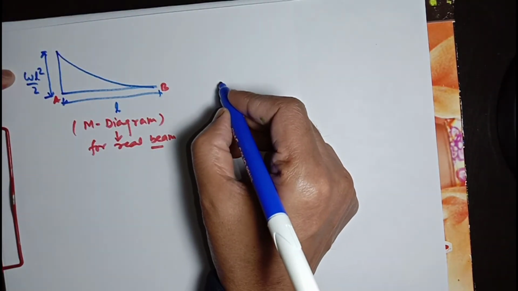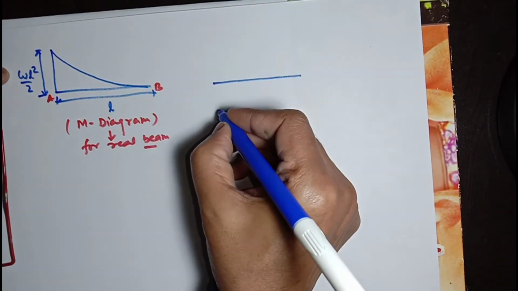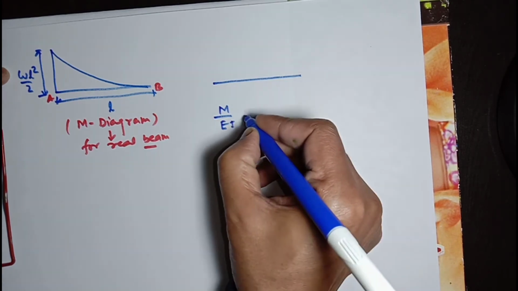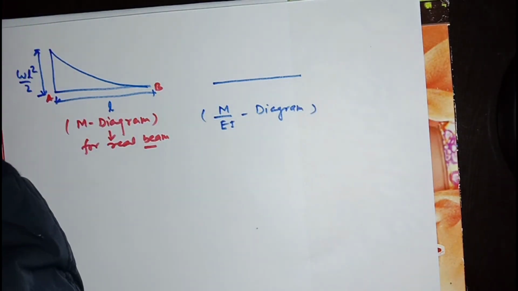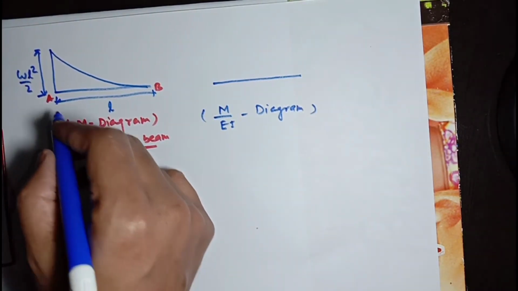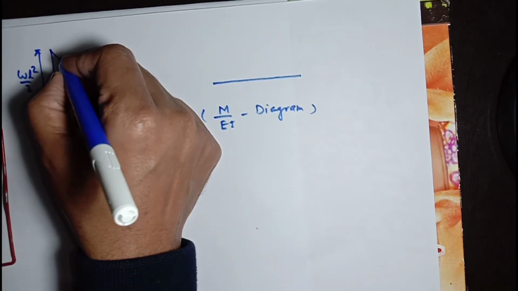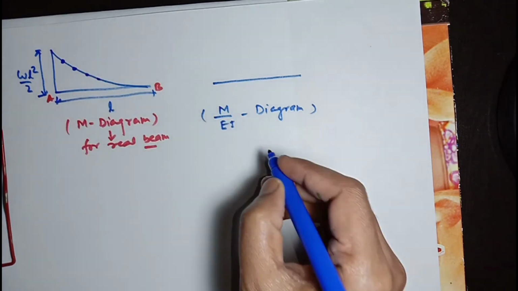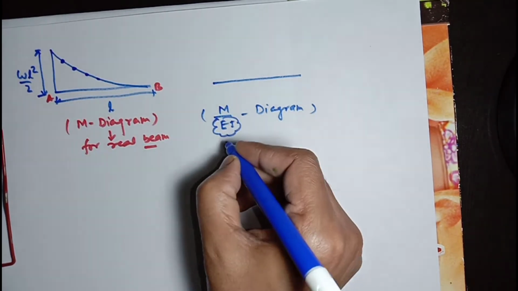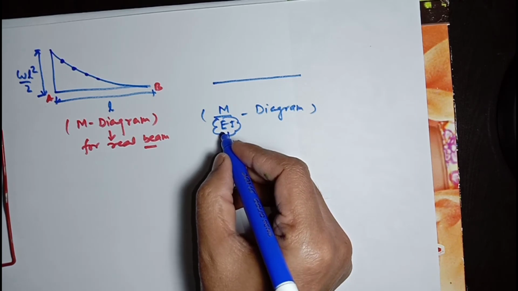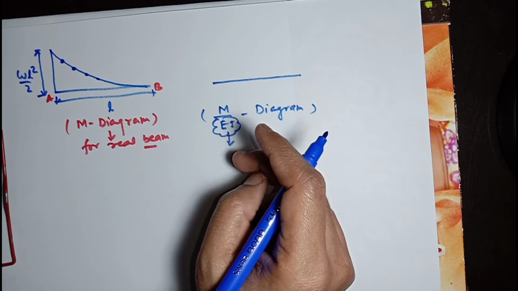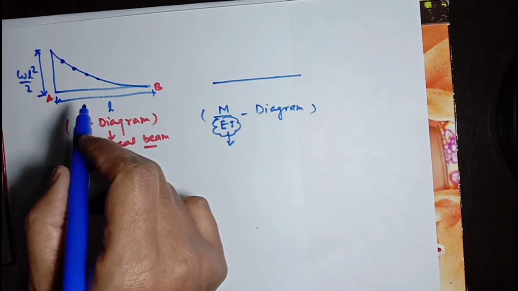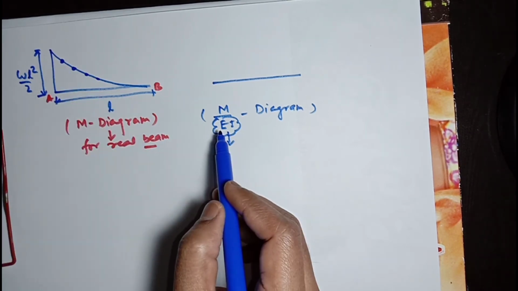Now we are going to draw the M over EI diagram. M over EI diagram says every y coordinate of this bending moment diagram will be divided by a constant value of EI. This is a constant value of flexural rigidity. E is elasticity, I is moment of inertia, and its value is constant for any structural member. So we divide all the y coordinates by the constant value.